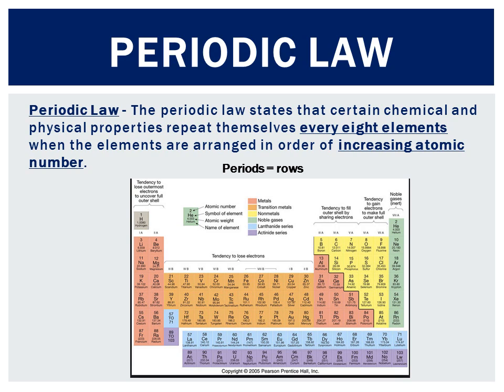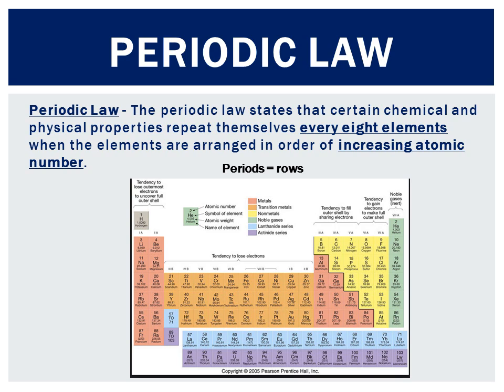The periodic law states that certain elements' physical properties repeat themselves every 8 elements when the elements are arranged in order of increasing atomic number. So every 8 elements from left to right across the groups, the physical properties repeat themselves, and as you're moving along, that atomic number is increasing.